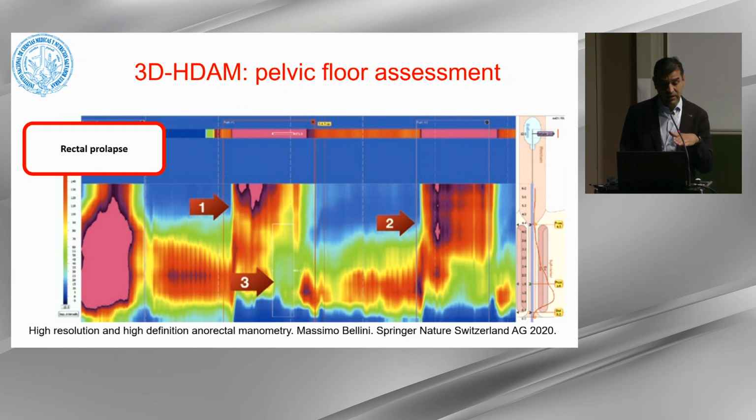And you can see that this increase in pressure is above the upper margin of the anal sphincter pressure zone. That means that something is making contact with the probe in the upper aspect, meaning that it is a rectal prolapse.